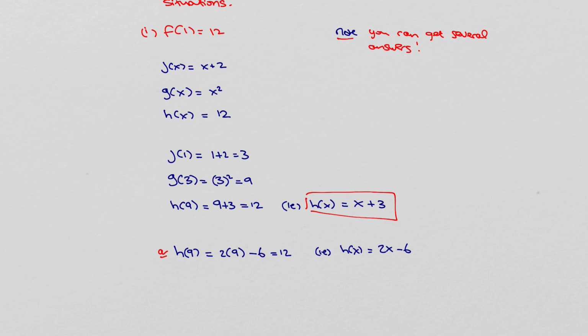Okay, so we could try multiple variations of getting my answer. It could be the square root of 9, which is 3, and then that would be adding. So if I got the square root of 9, I'd be getting the square root of x. That would give me 3, and then 3 plus 9 would give me 12. So I could actually have another function, which is root x plus 9, and that would still give me an output of 12.